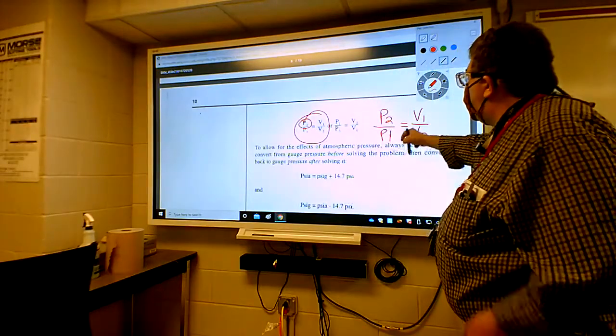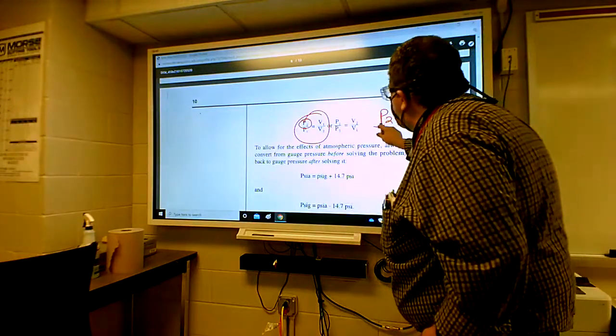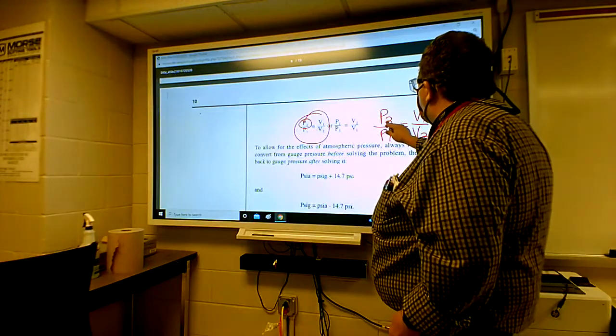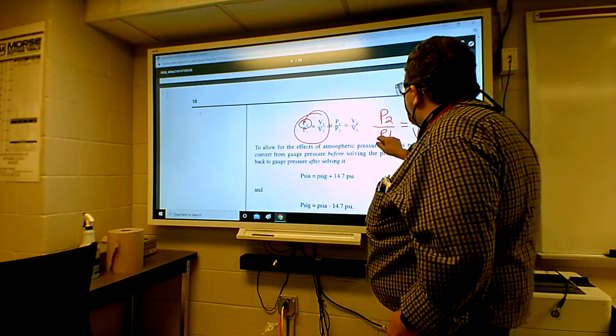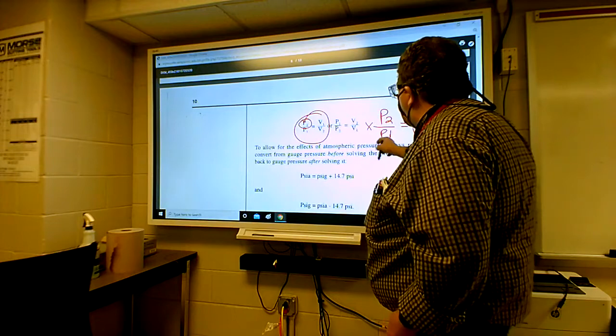P2 over P1 would equal V1 over V2. If you're solving for P2 and you want to get it by itself, multiply both sides of the equation by P1.